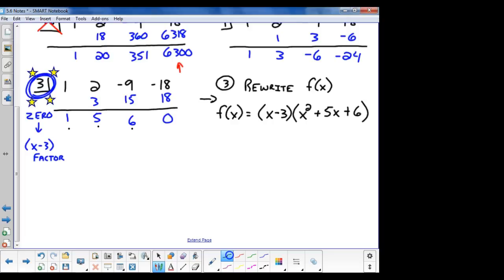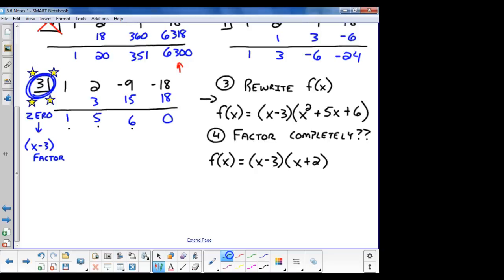Okay? Step 4 now. Step 4 says, can we factor it completely? So I'm looking at x squared plus 5x plus 6, and can I factor that some more? What does that factor to be? X plus 2 and x plus 3.